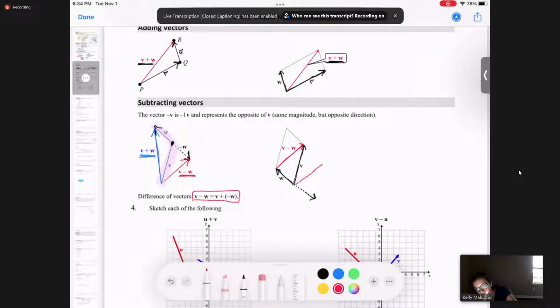Like maybe it would be here, but notice how those vectors are the same, the two red that I've drawn. So this is like V plus negative W, and this guy here is like negative W. So either way, you'd get something.